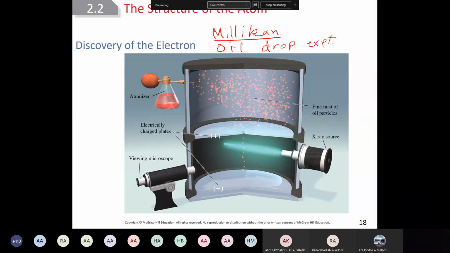I want you to memorize the name, in which he put some oil drops like this, and he made them go through a barrier like this, and he was watching it with X-ray, and he was able to find the charge of the electron, E, which is the charge of the electron.